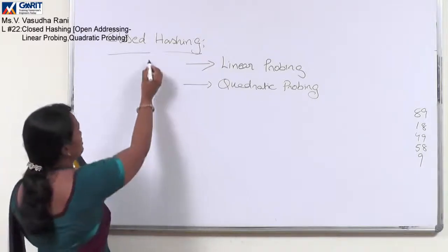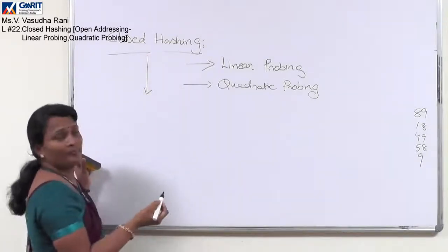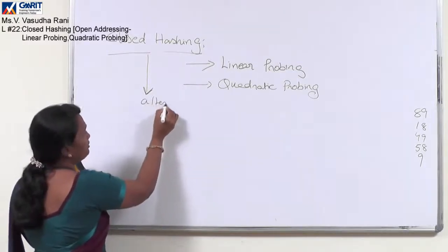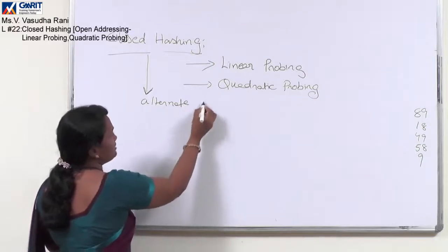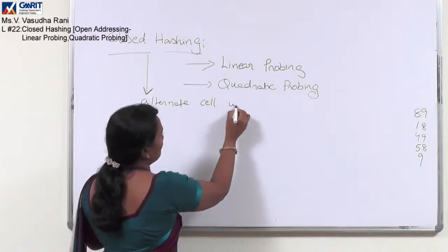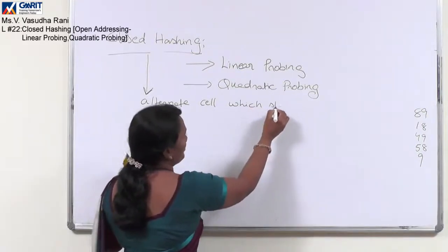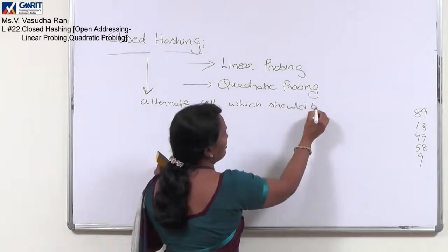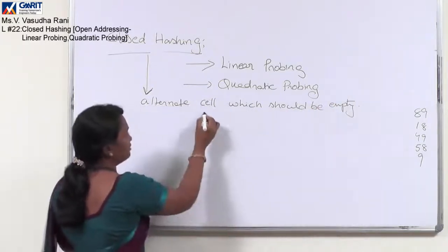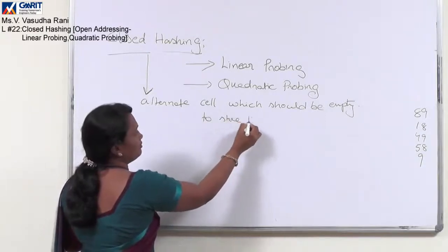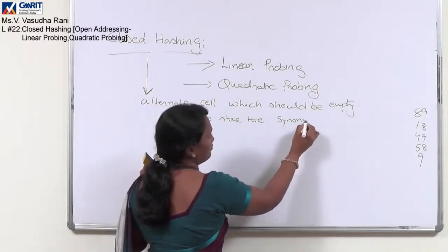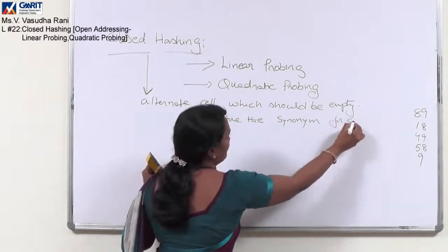So before seeing this, under closed hashing, instead of allocating additional memory, we are going to find an alternate cell which should be empty, to store the synonym for a key.